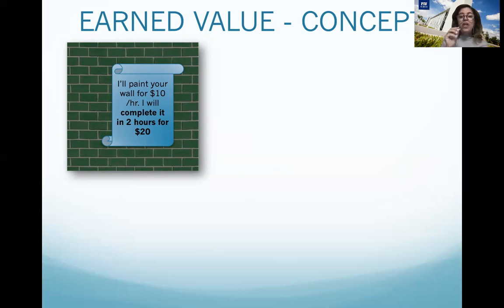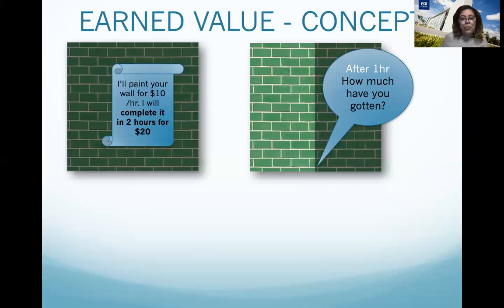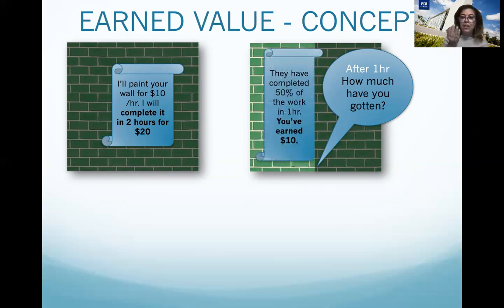The purpose of the earned value is to track and understand the status of the project at any time. If I want to know how much work has been done after 1 hour, I can find this information. It could be a good or normal status.